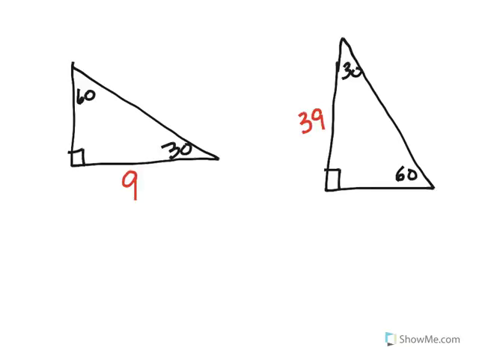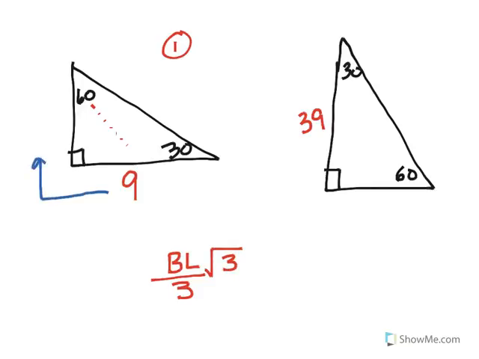So on this first one here, I have 9, a whole number in the big leg, so it's across from the 60. So we're going to use our formula. It's going to be big leg divided by 3 times radical 3. So our middleman here to get to the little leg is going to be 9 divided by 3 times radical 3.